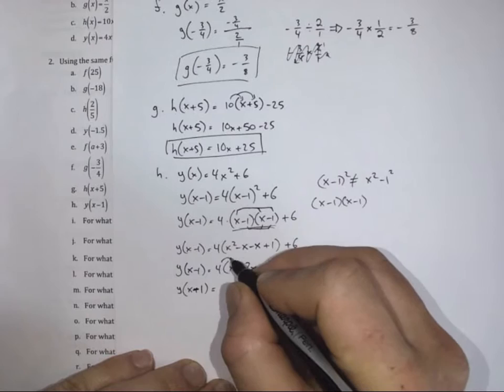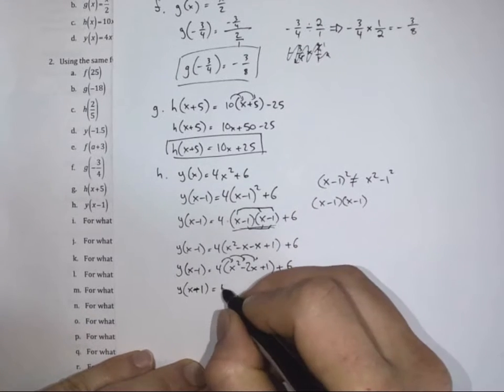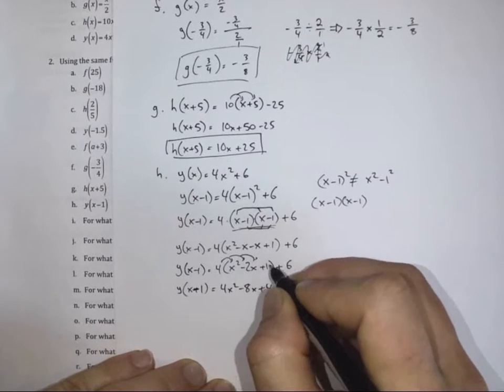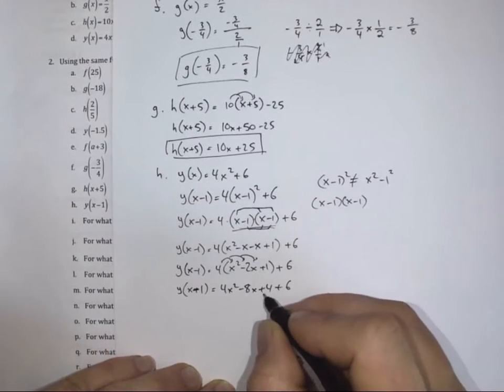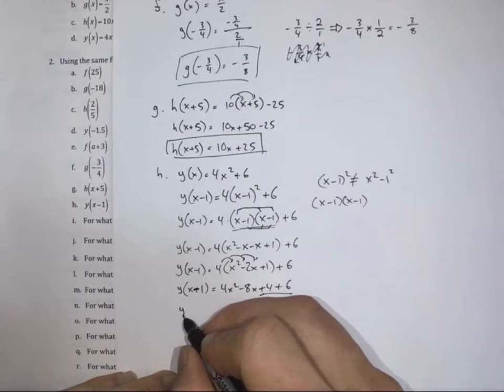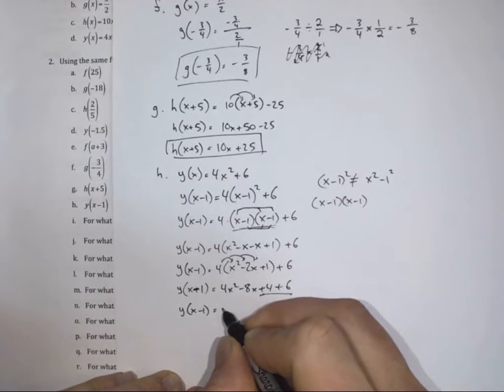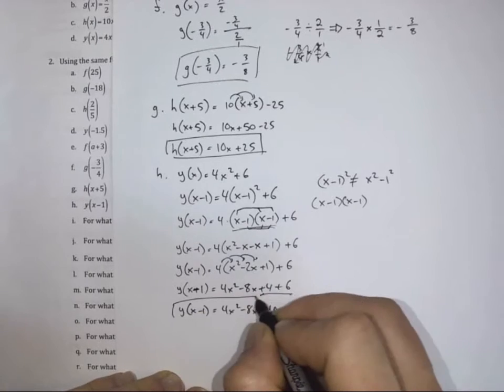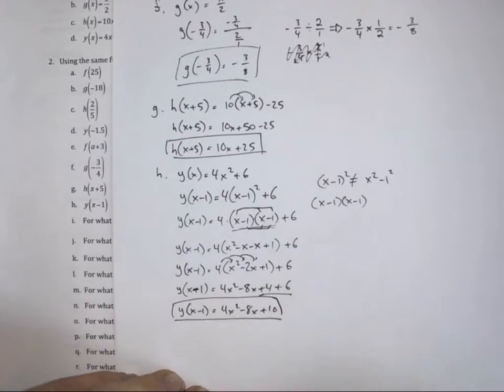So we'll multiply the 4 in at this stage. We get 4x squared, take away 8x plus 4. And then add 6 to it. And then we have these like terms, which would give us 10. And then we're done. Okay, so 4x squared, take away 8x plus 10 is our totally simplified answer.